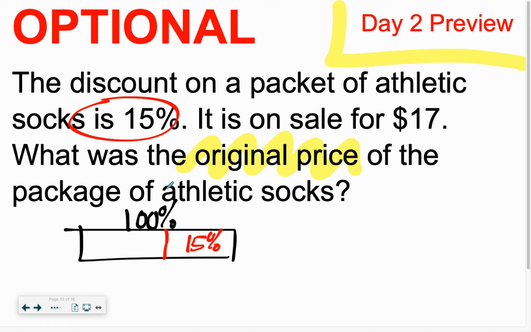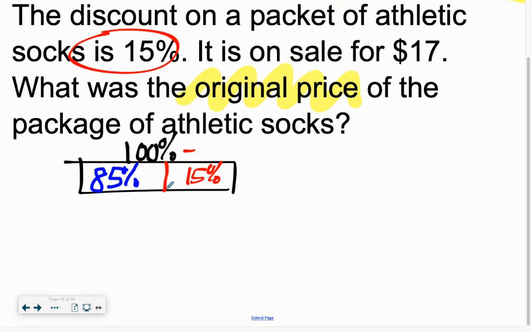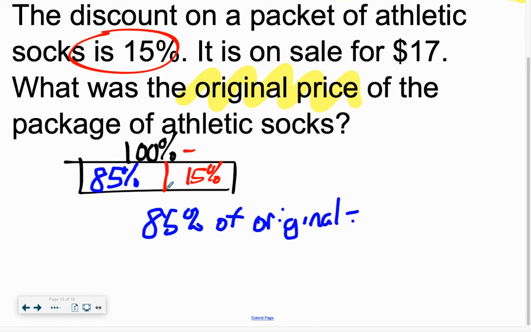When you take 15% away from 100, 100 minus 15, you're left with 85%. So you and I are paying for 85%. Please write this on in: 85% of the original, and that equals the sales price.